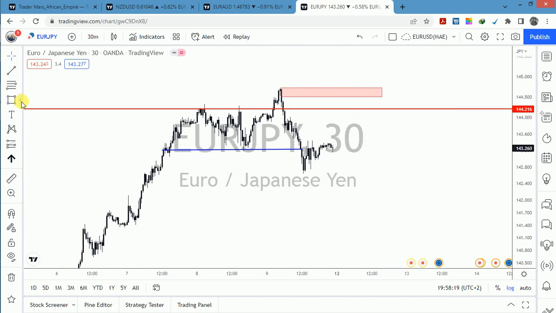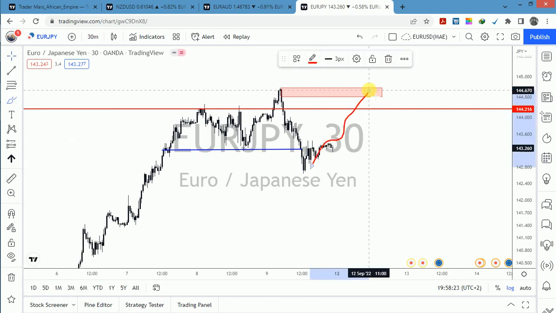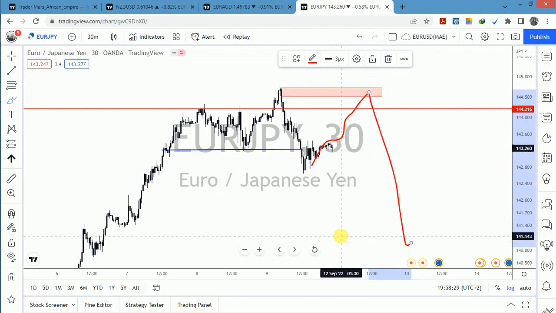We are hoping to see price moving back to that zone and then being rejected there to continue dropping, right?